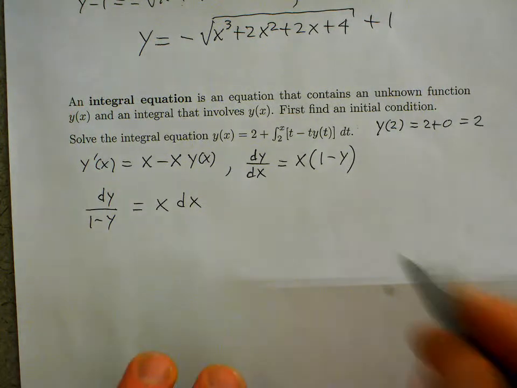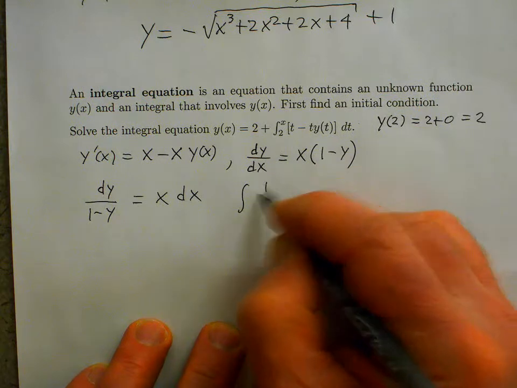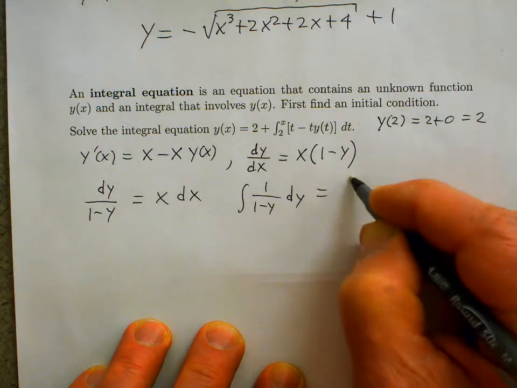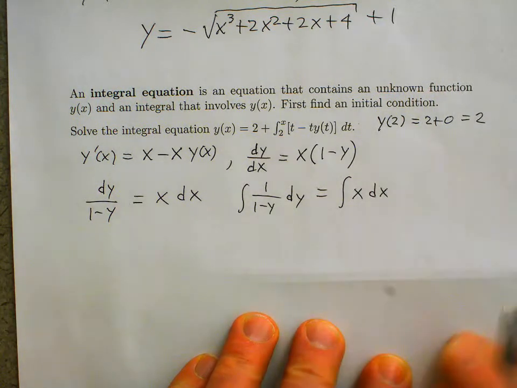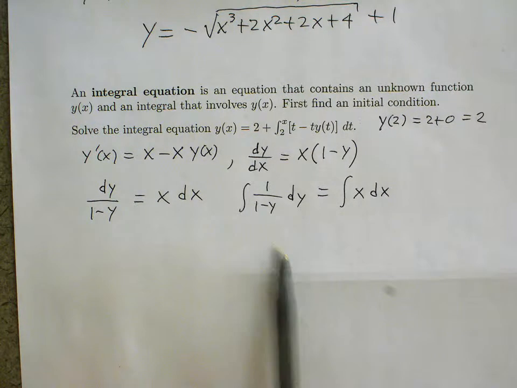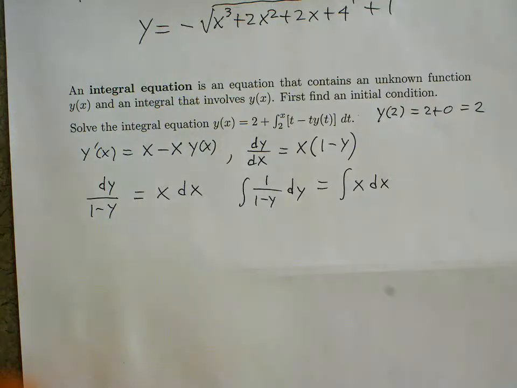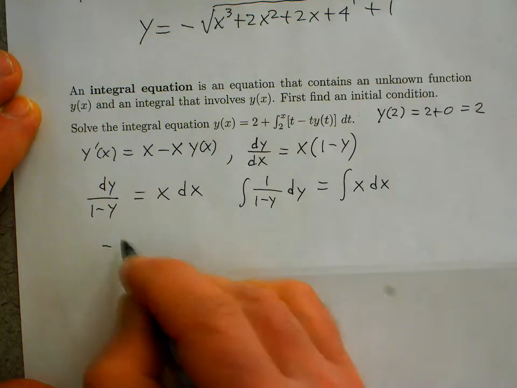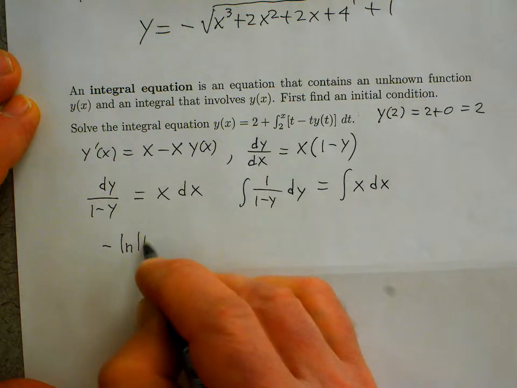Okay, then we integrate the left-hand side. So the integral of 1 over 1 minus y dy, and then the integral of the right-hand side, x dx. And the antiderivative of 1 over 1 minus y with respect to y is negative the natural log of the absolute value of 1 minus y.